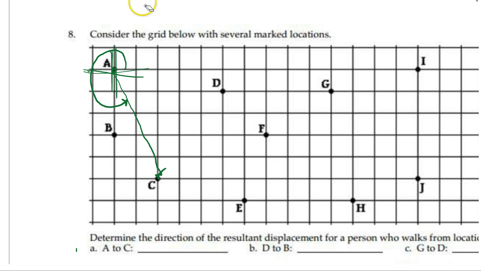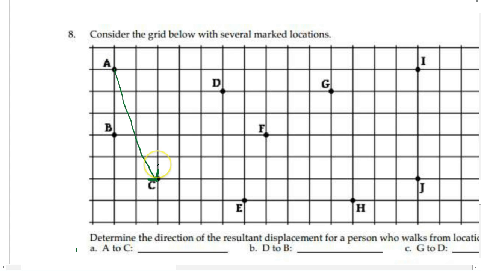Why don't I erase this and see if I can do a better job of this? Okay, so between A and C, I need to draw a line. And there, I didn't do a great job of it, but there's my work. Now I'll do it in red. Looking at the number of degrees, here would be 90, here would be 180, here would be 270.